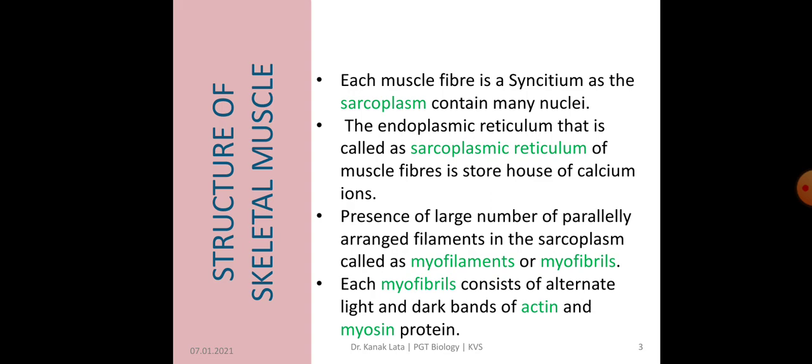There is presence of large number of parallelly arranged filaments in the sarcoplasm called as myofilaments or myofibrils, and each myofibril consists of alternate light and dark bands of actin and myosin protein.